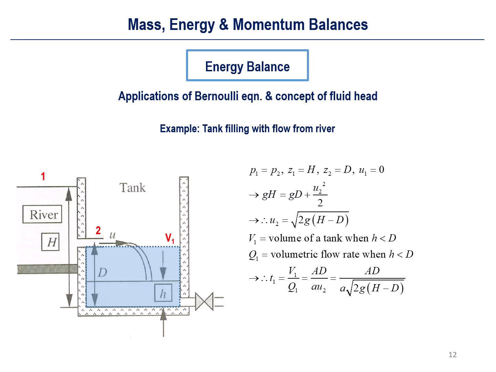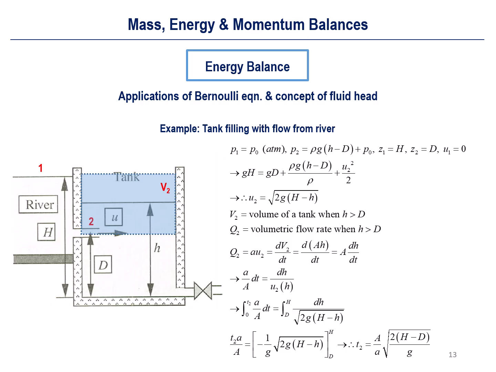Okay, this is simplified. But what if your water height is greater than this inlet height? So the situation is quite different from the previous part, because in these cases, we have P1, which is exposed to the atmosphere, so we have absolute atmospheric pressure here.